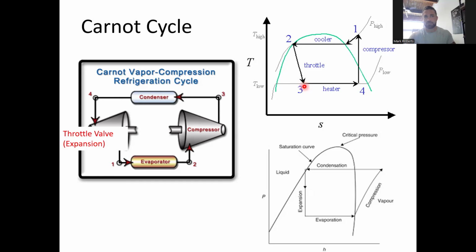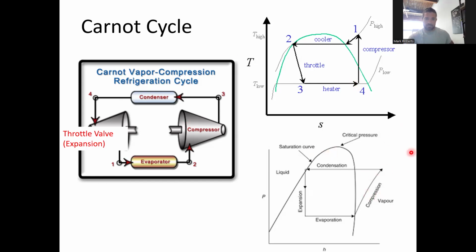So this lower temperature will now pull heat out of the refrigerator, so that the fluid is getting heated by the refrigerator. The refrigerator is being cold because it's transferring heat to the fluid, which is becoming vaporized to close to a saturated vapor. So that's the compression cycle.